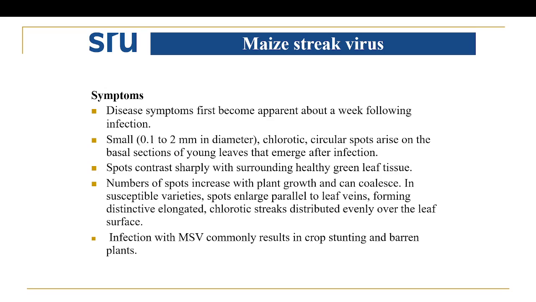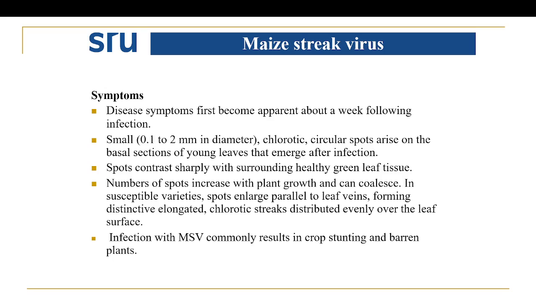Coming to the symptoms, disease symptoms first become apparent about a week following infection, and a small chlorotic circular spot arises on the basal section of the young leaves that emerge after infection. The spot contrasts sharply with the surrounding healthy green tissue. The number of spots increases with plant growth and they can coalesce.